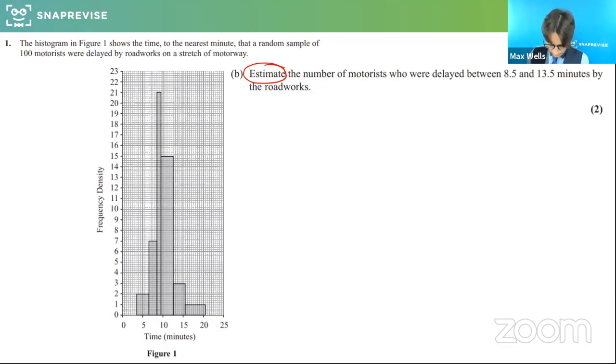8.5 and 13.5. So the way we're going to do that is look at which bars refer to that and which parts of which bars. So 8.5 up to 13.5 is going to be this one. And we're going to think, how do I get the area of that? What is the area of that? And you could use your table from the previous part of the question.